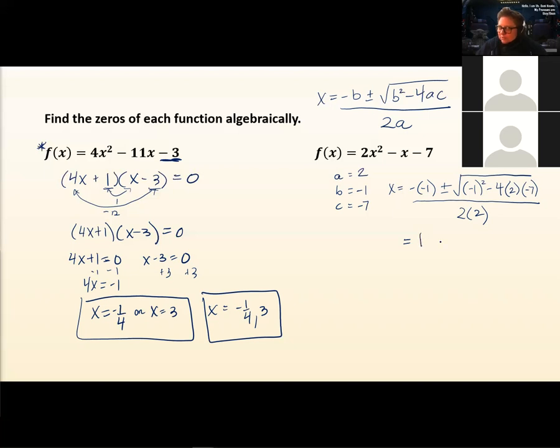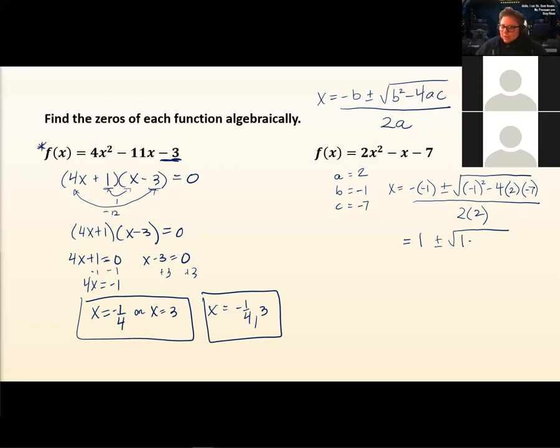Good job. +1. Okay. And cleaning up the inside, -1 squared, +1. And then we have -4 times 2 times -7. So what's that? -4 times 2 is... you're close, Sam.